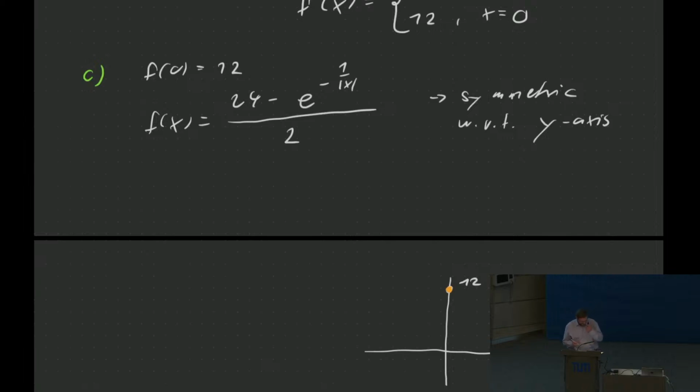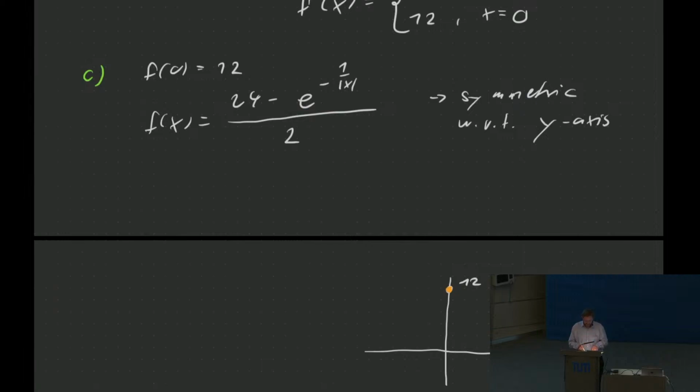And now let's think about what happens if we increase the value of x here from 0. Well, if we have a value that grows, then of course that means this here will decrease, right? What happens with this one here? E to the power of minus something. Well, if that decreases, of course this will increase, sorry.